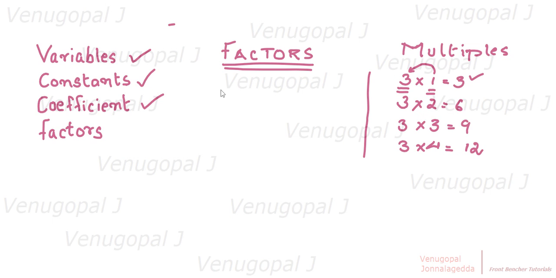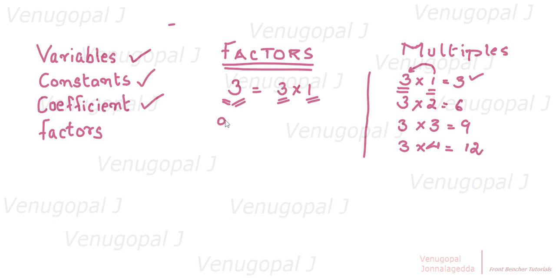So if someone asks you what the factors of 3 are, factors are nothing but the numbers which, when multiplied together, give the number 3. So these two, 3 and 1, are factors of 3. This is how you need to think.